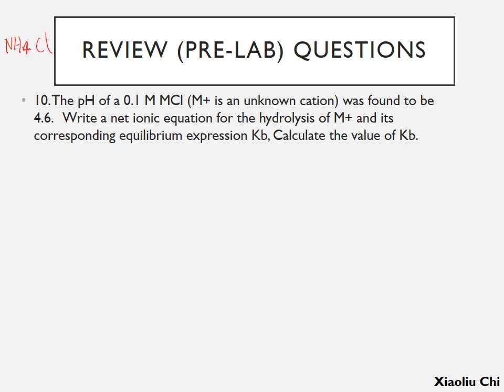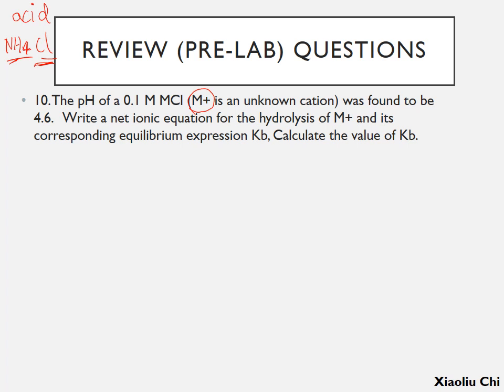Okay, so in this salt, ammonium is the cation M+, and the chloride is the anion. All right. Now we already know that this salt should be acidic, because this comes from a strong acid, and this is a weak base. Strong acid wins.